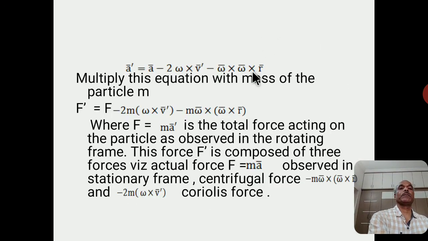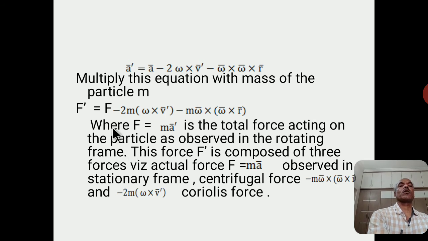If you multiply this equation with the mass of the particle, you will get F' is equal to F minus 2m ω cross v' minus m ω cross (ω cross r), where F' is equal to m a' and represents the force acting on the particle in the rotating frame of reference.